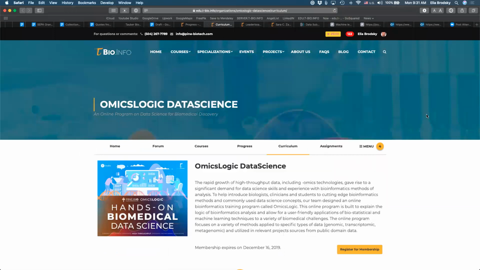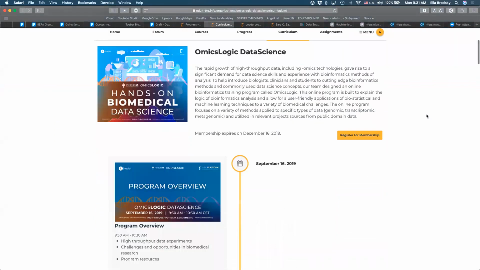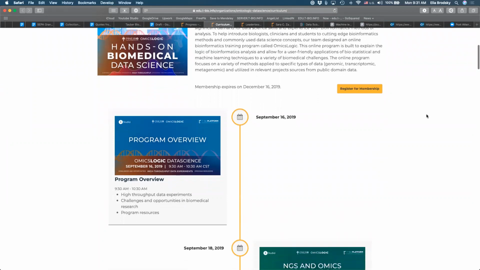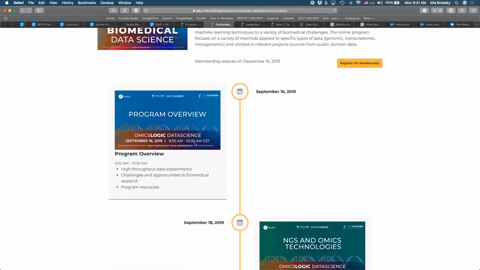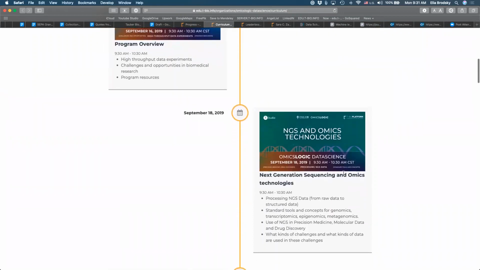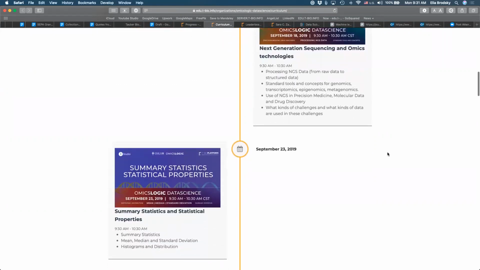Now, briefly, I also want to review what we have covered up until now. We looked at the program itself and talked briefly about next-generation sequencing and omics technologies. And we looked at how standard tools could be used for processing the data and preparing the data for analysis.